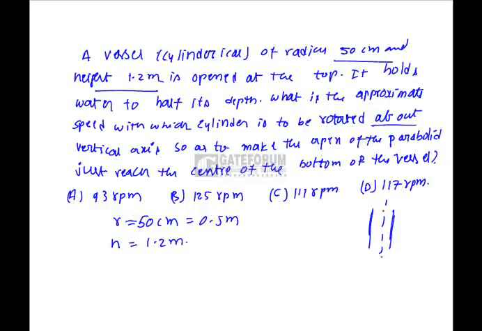We are rotating it about the vertical axis with half the water in it, so we have to find out how much speed it has to be rotated. We know the relationship h = ω²r²/2g.